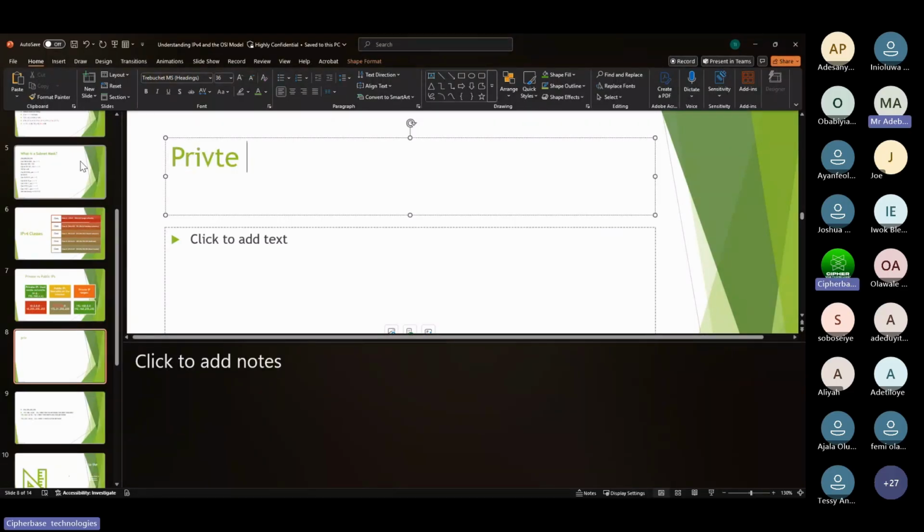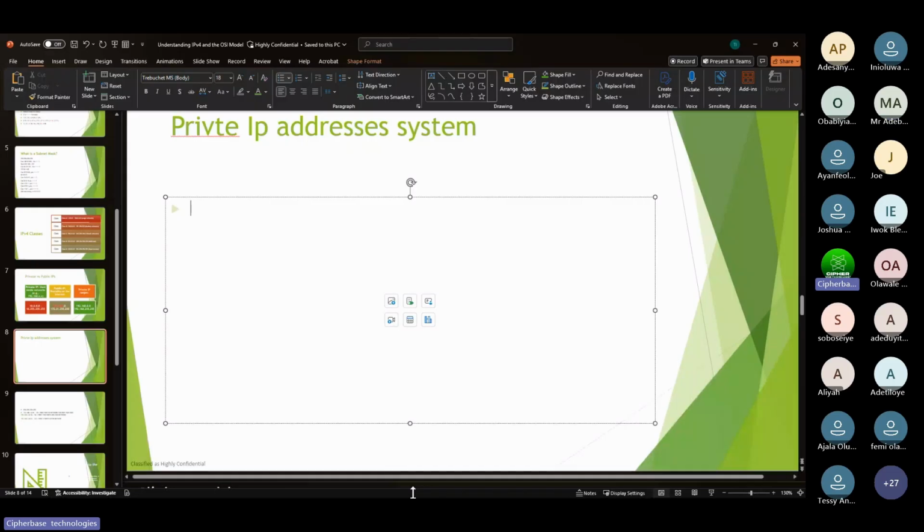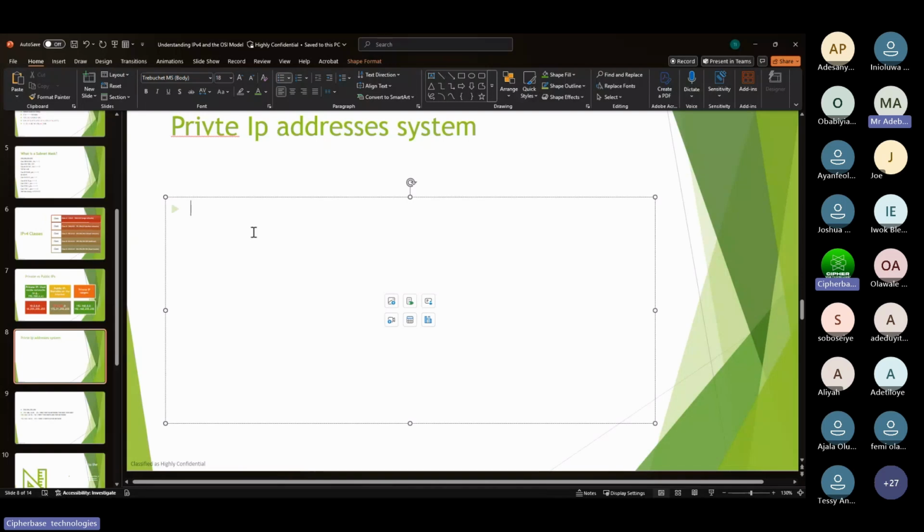We have 3 private IP ranges. We have private IPs used inside the network, and we have public IPs. All these are the ranges, but I'm going to split and explain everything.